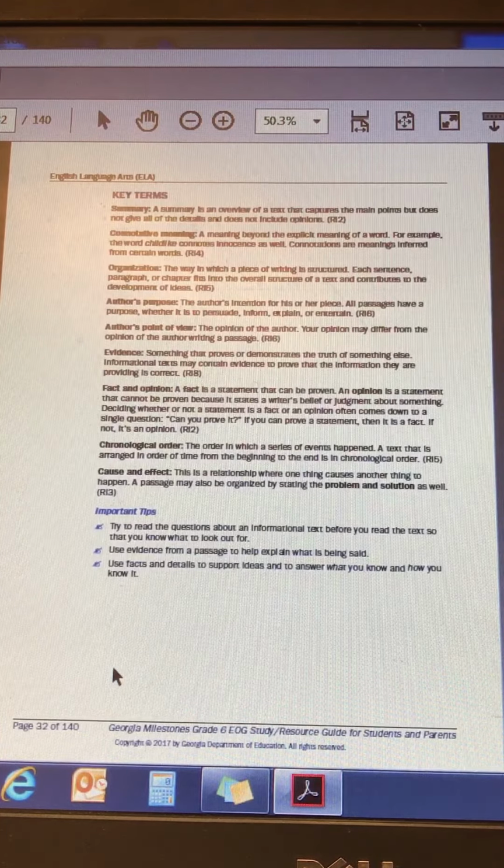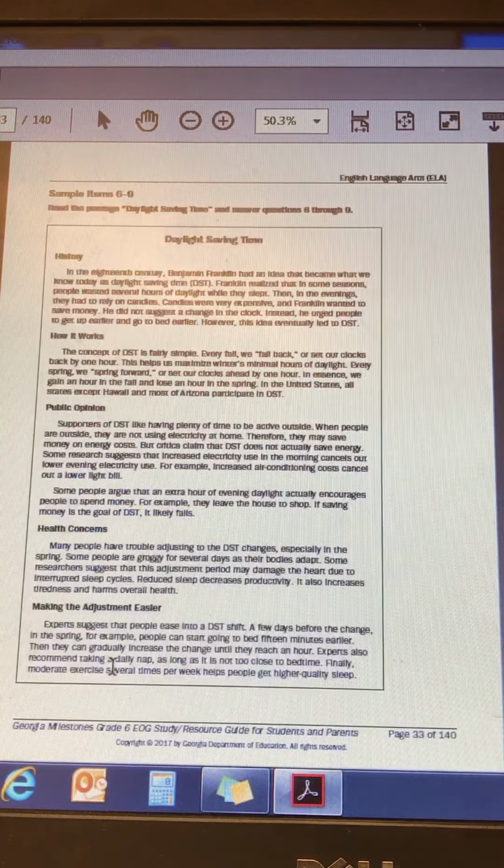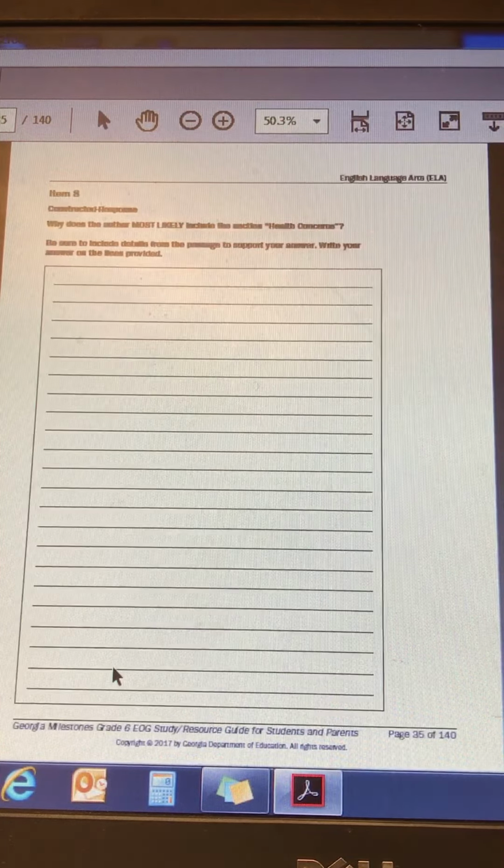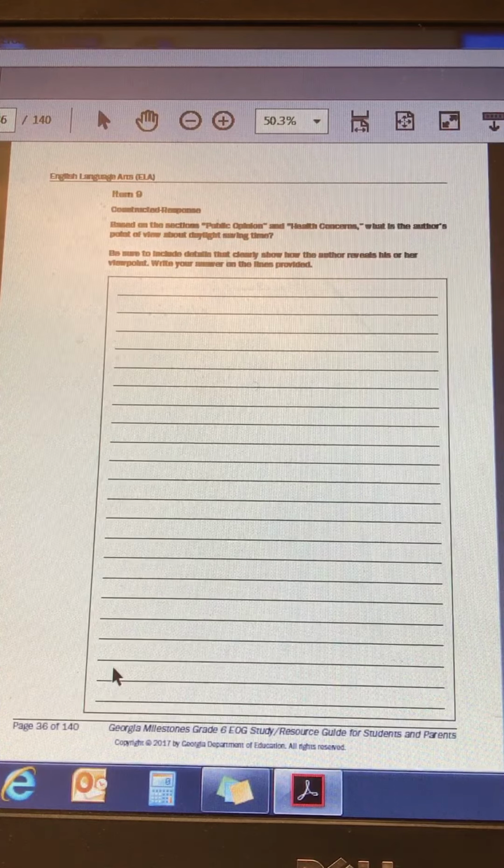There are more key terms here on page 32 that students, again, should know with confidence. And then the sample items 6 through 9 are on pages 33 through 36. And the answers for this part are found on pages 58, 65, and 66.